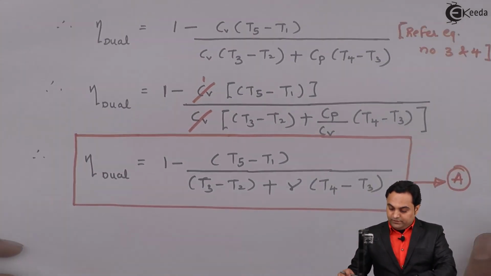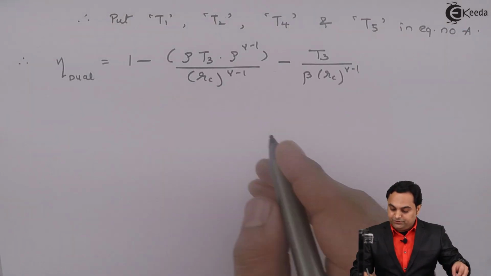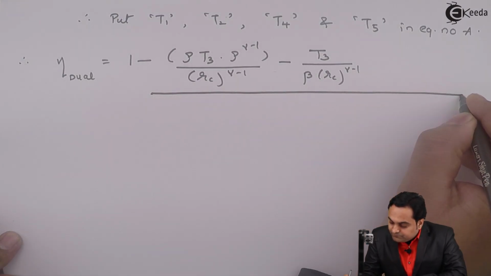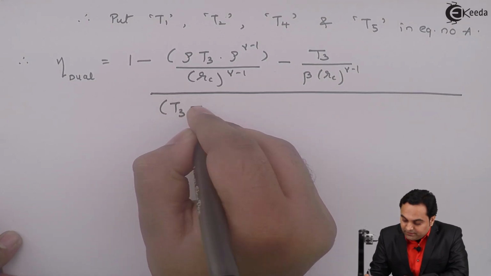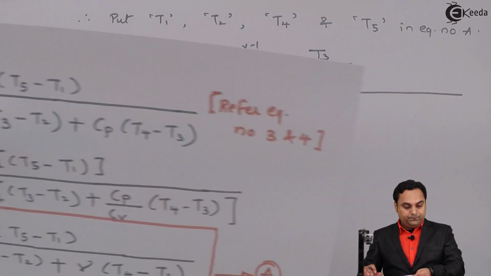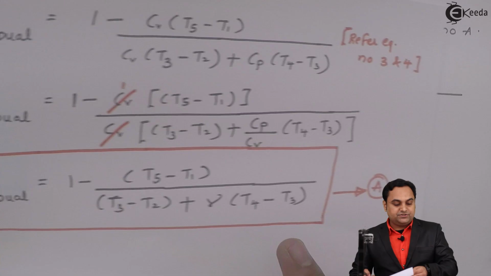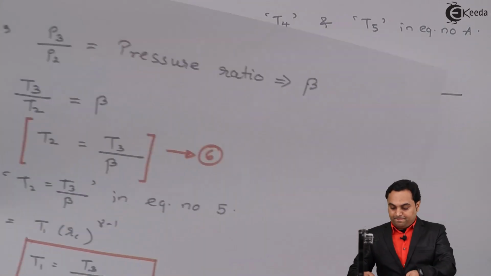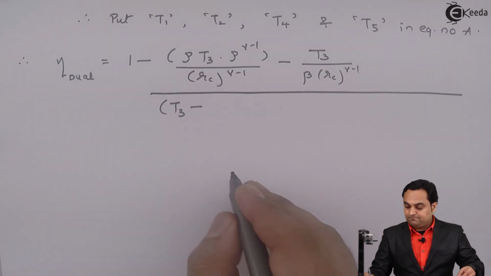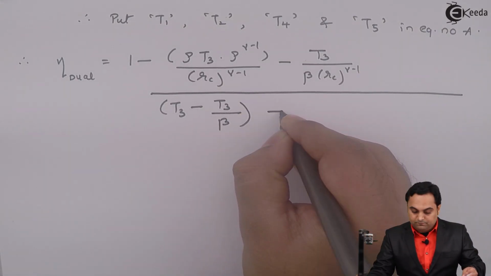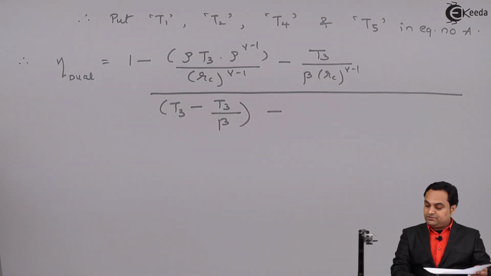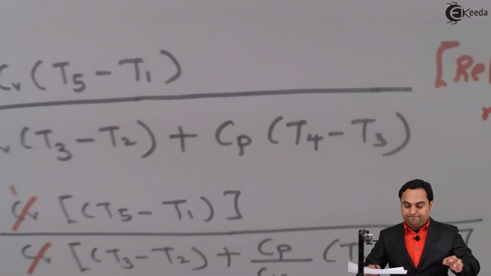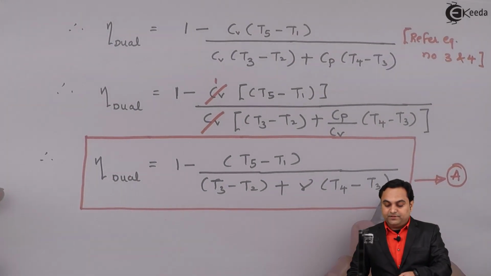Then in the denominator we have T3 minus T2, we have it in equation 6. T2 was T3 upon beta, then minus, here we have plus gamma into T4 minus T3.